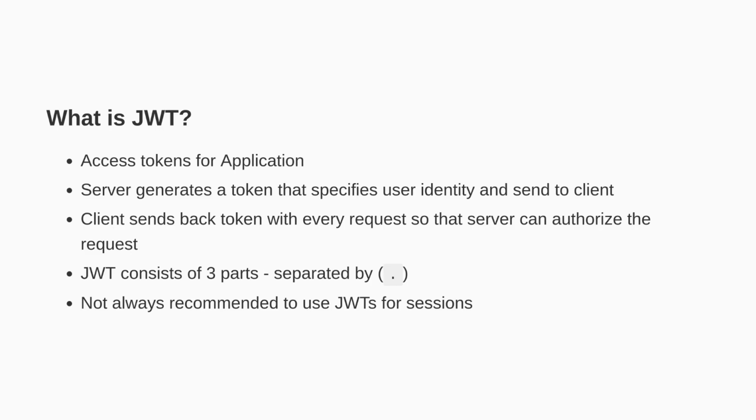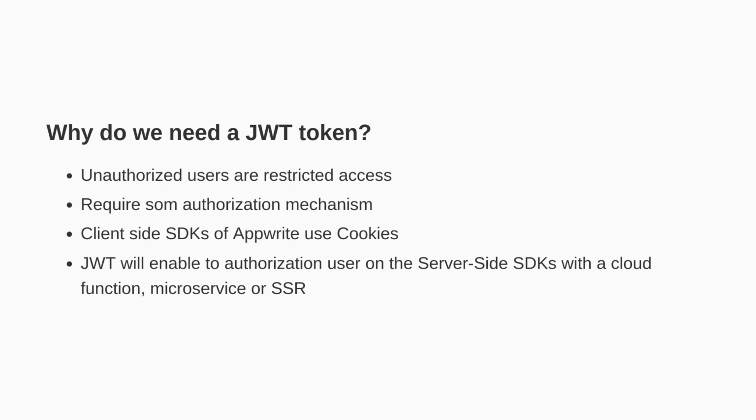So, why do we need JWT? In modern applications, certain parts of applications are hidden behind an authorization feature, so unauthorized users are restricted access. This requires some authorization mechanism to validate the user's identity.